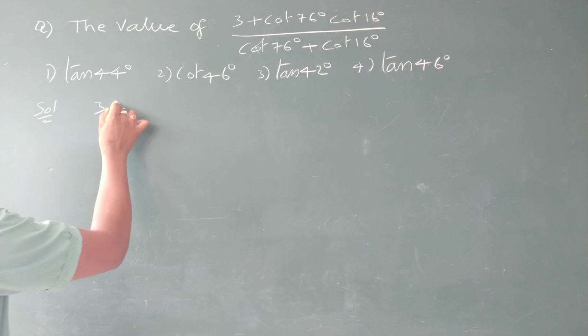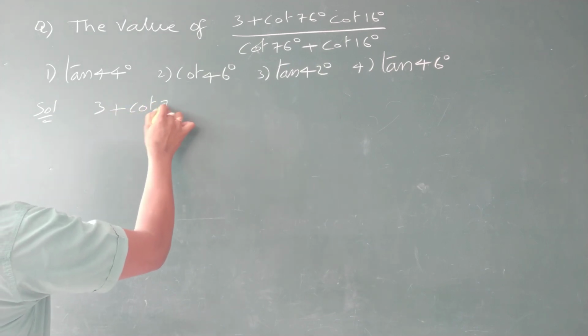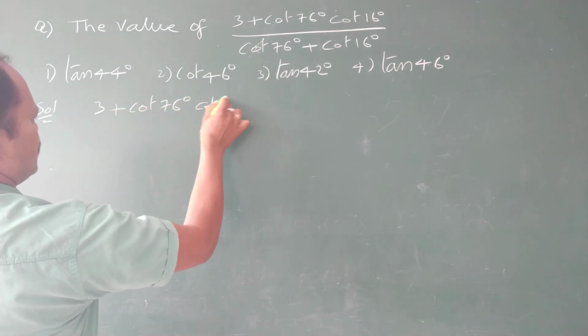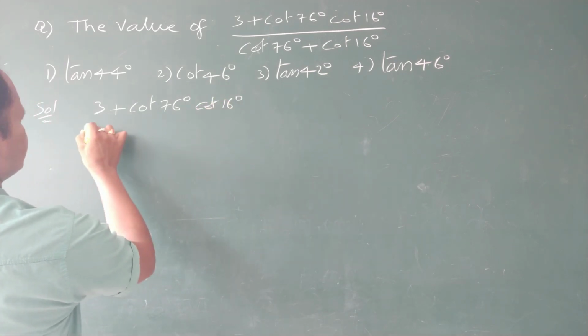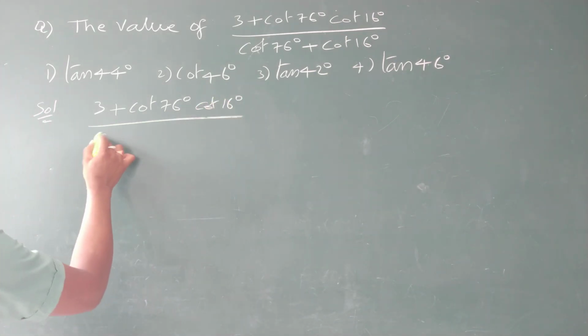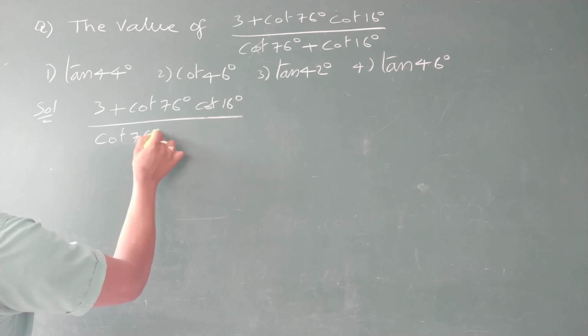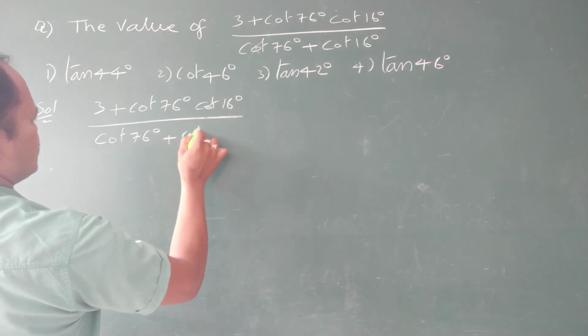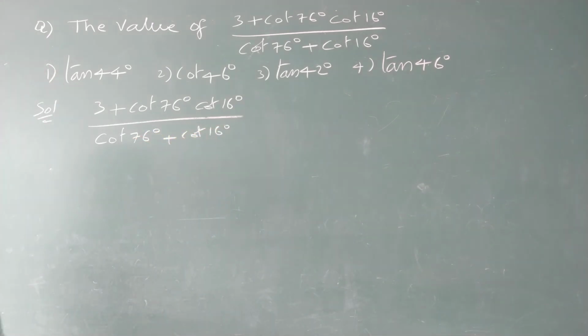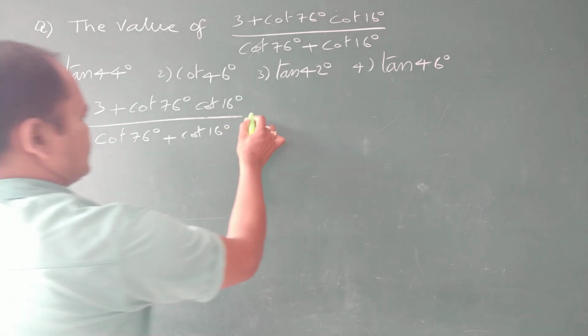3 plus cot 76 degrees into cot 16 degrees whole by cot 76 degrees plus cot 16 degrees. From this expression we have to write in terms of sin and cos.